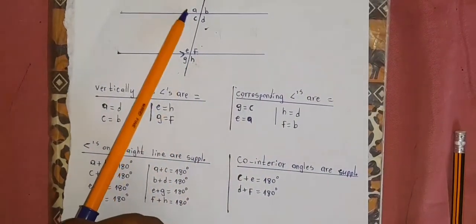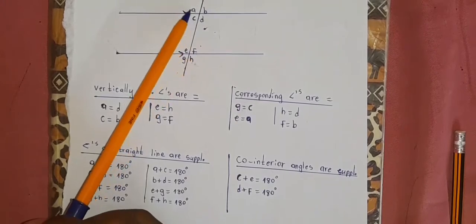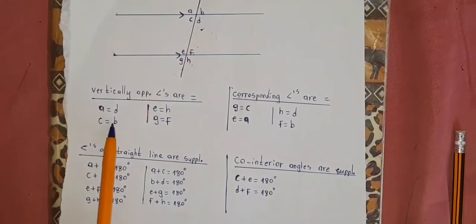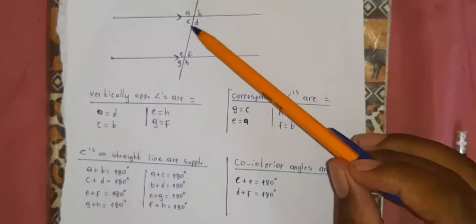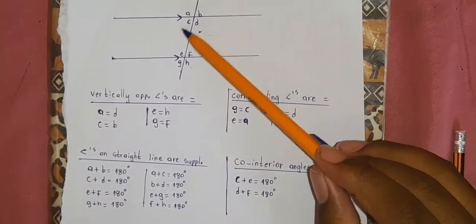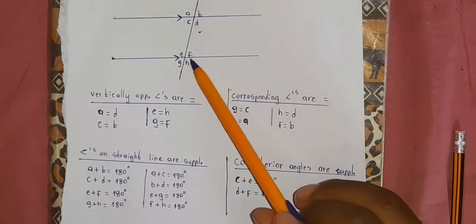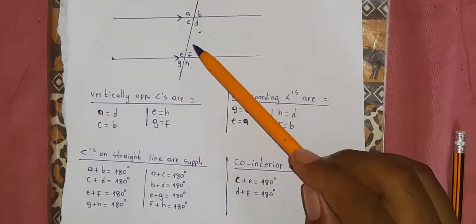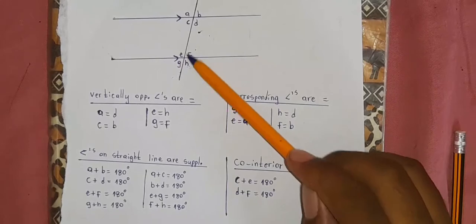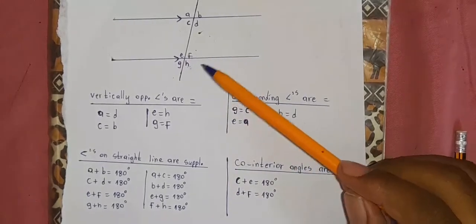These angles here are equal because they are vertically opposite, like I wrote here. And this angle here, C, is equal to B because they are vertically opposite. And then we go here. These two here are equal because they are vertically opposite.